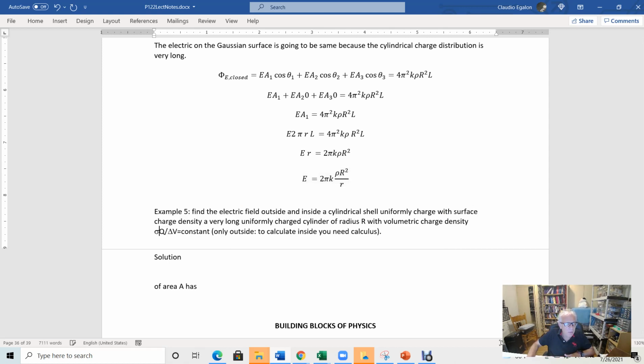Now we're going to use this, sigma. That's what it is, charge divided by the area, equal to a constant. The surface charge density is uniform.